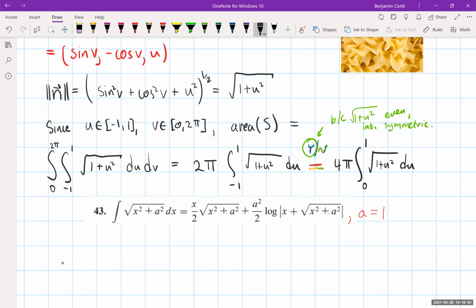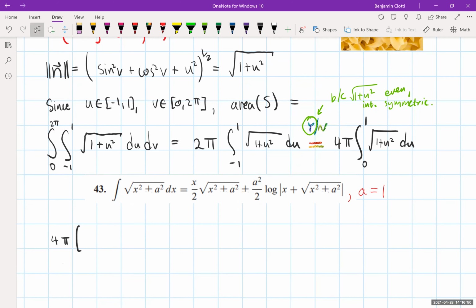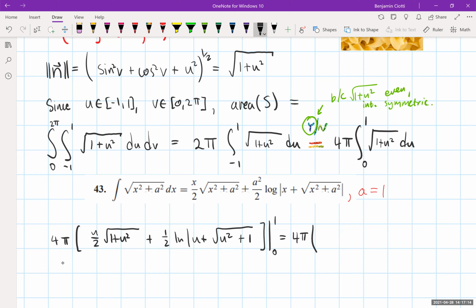So I get 4π times [u/2 times the square root of 1 plus u squared plus 1/2 times ln of u plus the square root of u squared plus 1], evaluated from 0 to 1, which is 4π times 1/2 times root 2 plus 1/2 times the ln of 1 plus root 2.